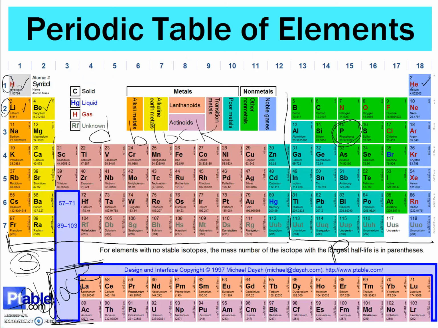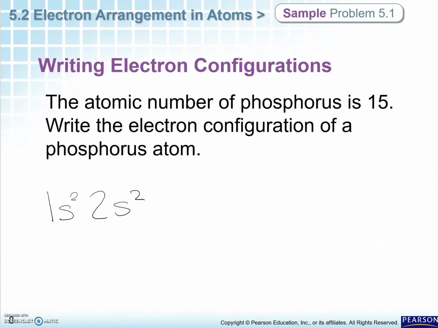All right, now we're going to go straight across to our first P block, and remember this is our 2p block, and we still have not made it to our phosphorus yet, so we're going to have our 2p with 1, 2, 3, 4, 5, 6 electrons. So let's go ahead and write that one down. So we have 2p6.